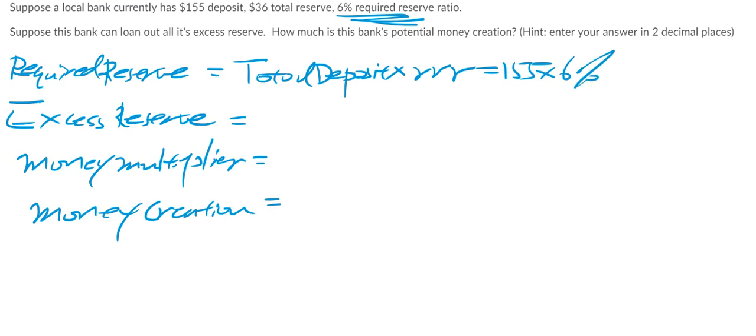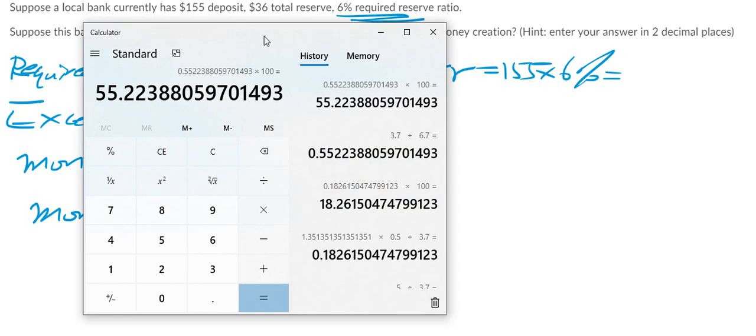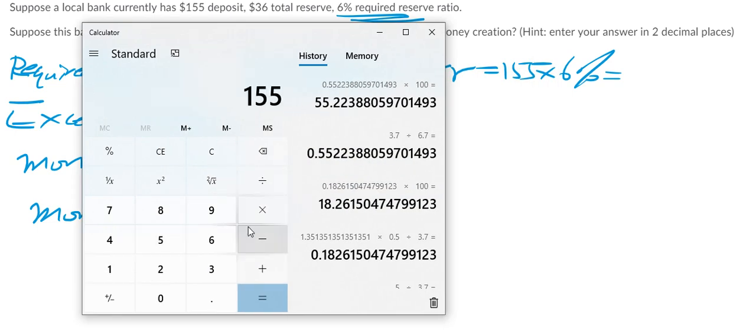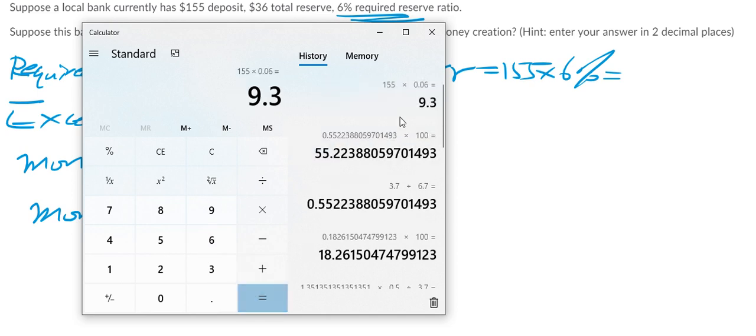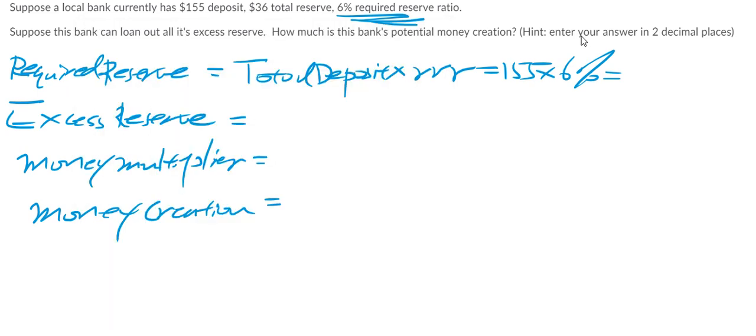So $155 times 0.06, that's going to be $9.30. So $9.30 is our required reserve. That's how much money is required to have in the bank.